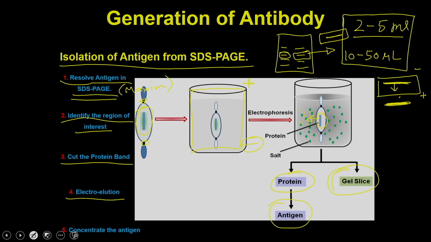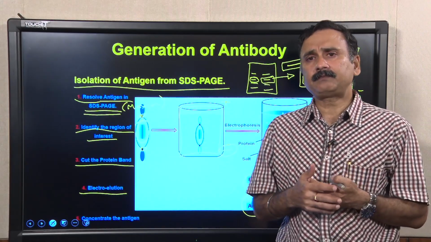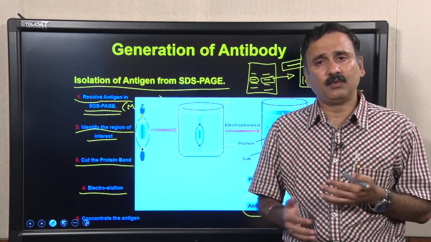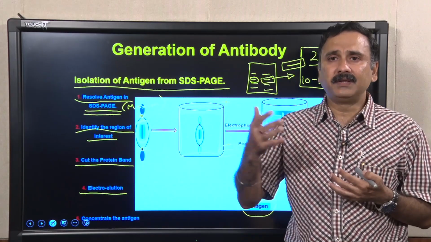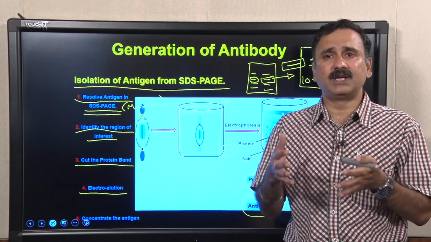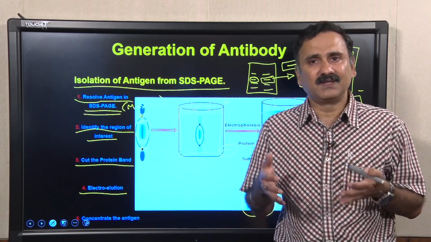So, this is a very simple procedure, and it is very easy to perform. It is routinely used to isolate antigens which are very difficult to overexpress or which are not soluble, or other kinds of conditions we have discussed.